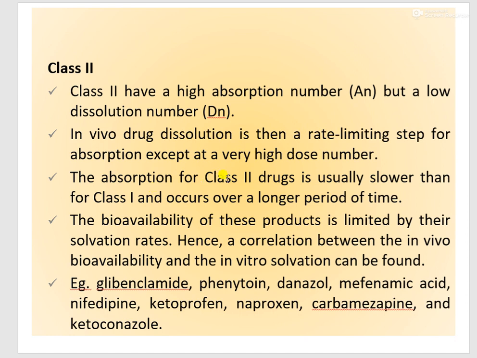The absorption for class 2 drugs is usually slower than for class 1 and occurs over a longer period of time. The bioavailability of these products is limited by their solvation rates. Hence, you can correlate in vivo bioavailability and in vitro solvation.